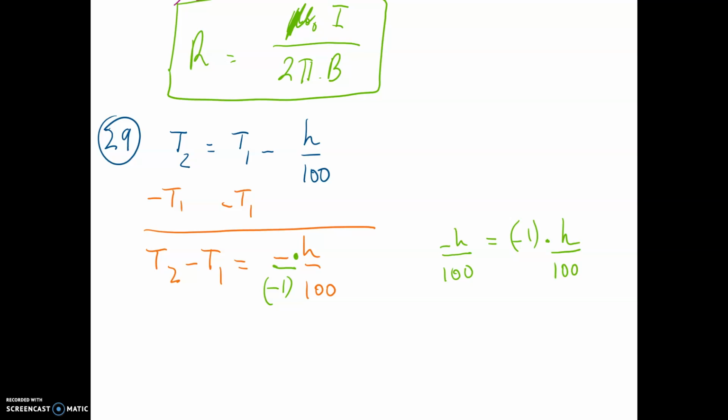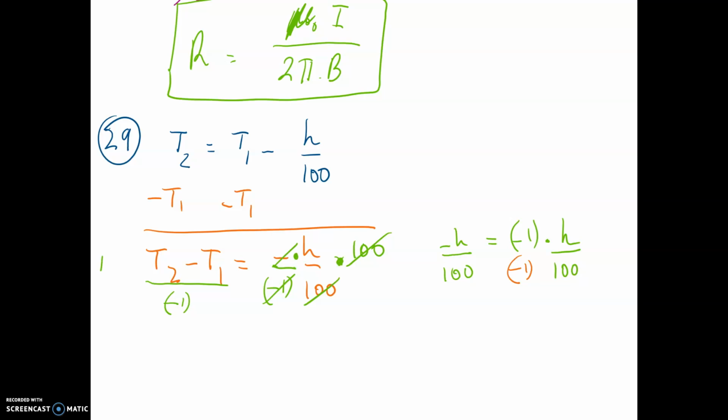If you want to get rid of the negative 1, you need to divide by negative 1 on the bottom. This is what I've done right here. So technically right now, the negative disappears. But if I divide by negative 1, I need to divide by negative 1 on the left side also. And if I want to get rid of the 100, I need to multiply by 100 on the top of this equation. Because 100 divided by 100, the 100 divides out, and now I have H by itself.